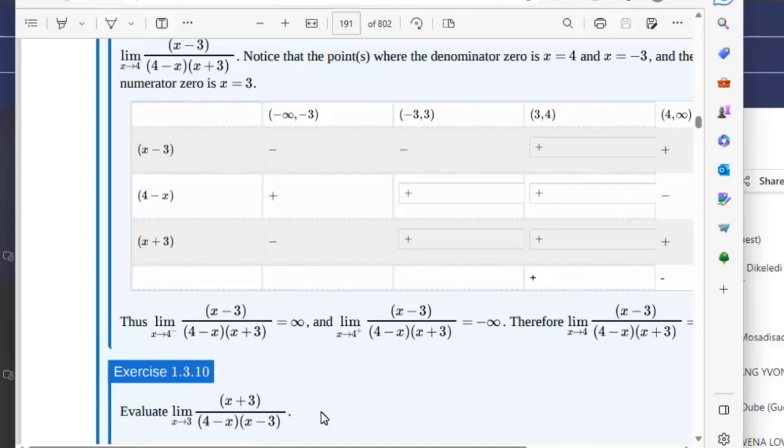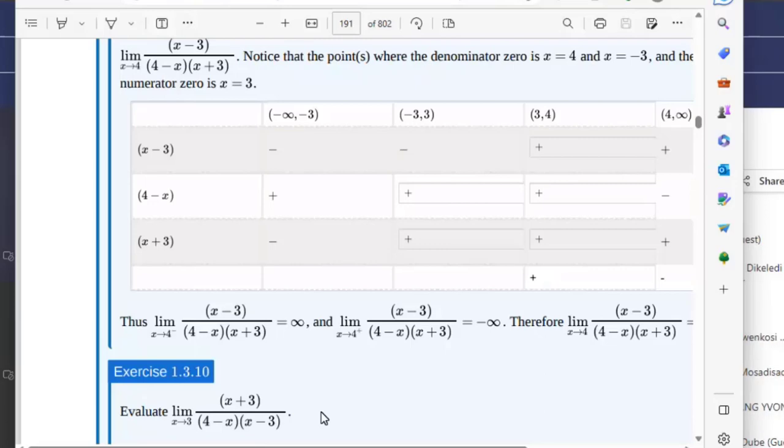As I approach from the left, I get negative infinity. When I approach from the right, I get positive infinity. So my conclusion is that the limit doesn't exist because the limit from the left and the limit from the right, which are negative infinity and positive infinity, are not equal. So the limit doesn't exist.